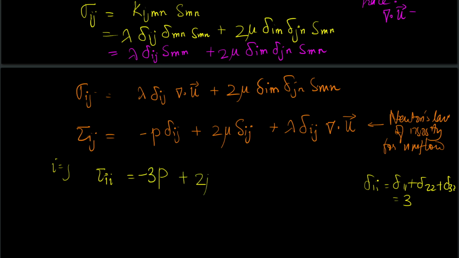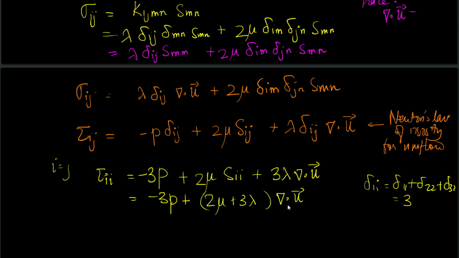This becomes minus 2 mu Sii plus, again, 3 lambda times the divergence of the velocity. Moreover, Sii once again is the trace of the rate of strain tensor, and this becomes minus 3p plus 2 mu plus 3 lambda times the divergence of the velocity.